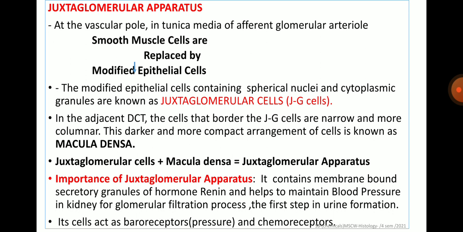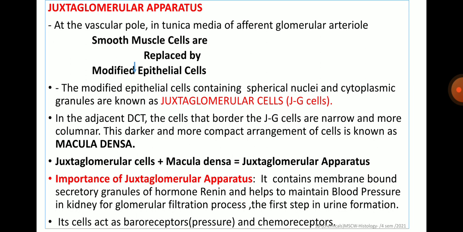So in the adjacent distal convoluted tubule, the cells that border the JG cells are narrow and more columnar. This darker and more compact arrangement of cells is known as macula densa. So the juxtaglomerular cells along with macula densa compose the structure which is called the juxtaglomerular apparatus.